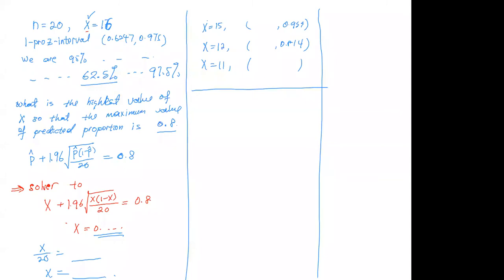For 11, I got 0.768. So conclusion, x equal to 11. Can or not? I will also give you full marks, but you have to record down your trial and error. You have to know whether to look at the upper or the lower, depending on the situation. You have to check it out. Okay?